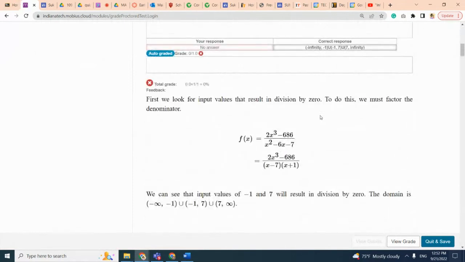So if you don't know how to do a problem, submit your answer. Then you can see the solution. When you open a second attempt, in some cases Mobius will generate a new type of problem, or in some cases Mobius will give you the same type of problem, but with the numbers changed.